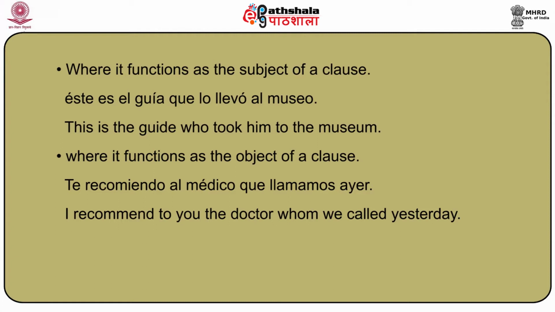Que functions as the direct object of the verb llamamos in the relative dependent clause, so nosotros is implied as the subject of the relative clause. Te recomiendo al médico que llamamos ayer. I recommend to you the doctor whom we called yesterday.